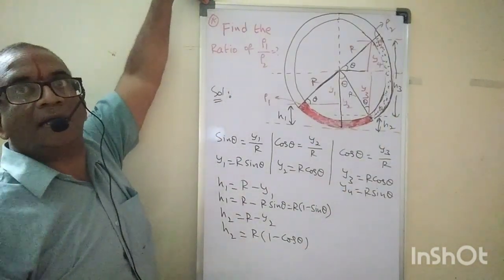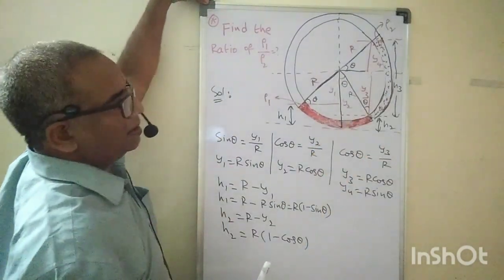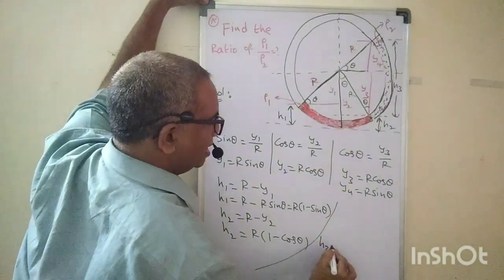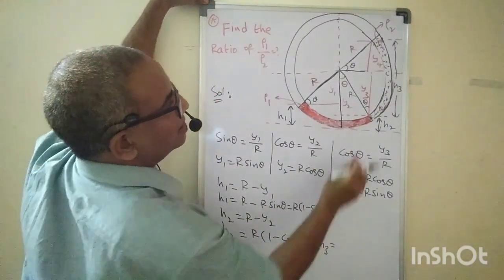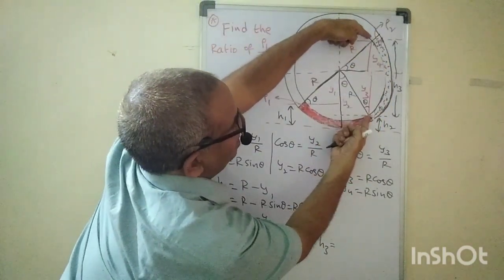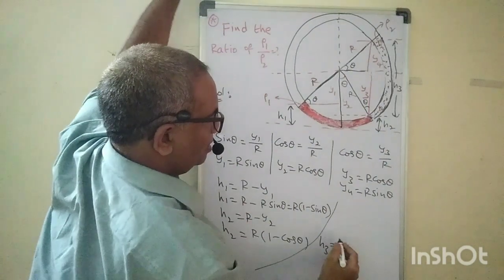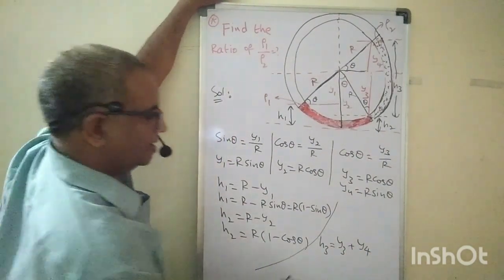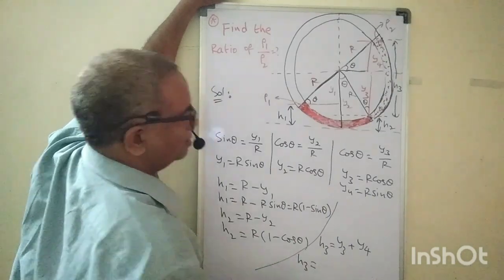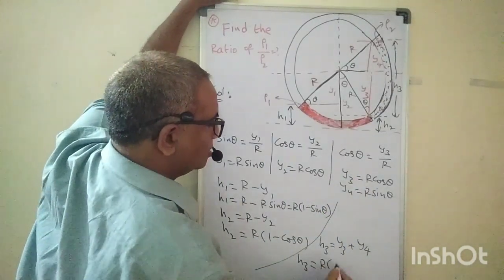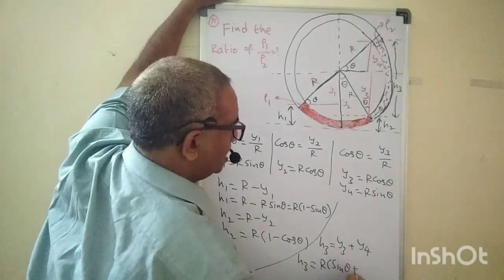Therefore, what is h3 here? H3 is nothing but y3 and y4. Y3 plus y4. Therefore, what is h3 here? Y3 is r cos theta, y4 is r sine theta. Therefore, r into sine theta plus cos theta.